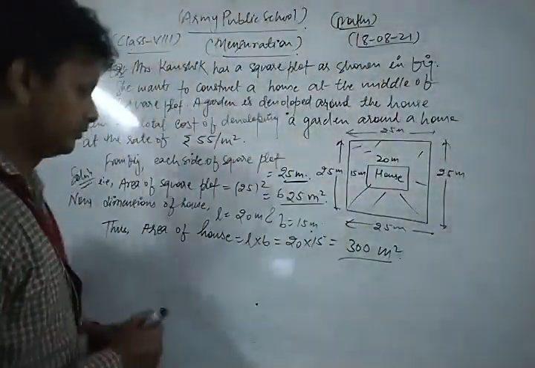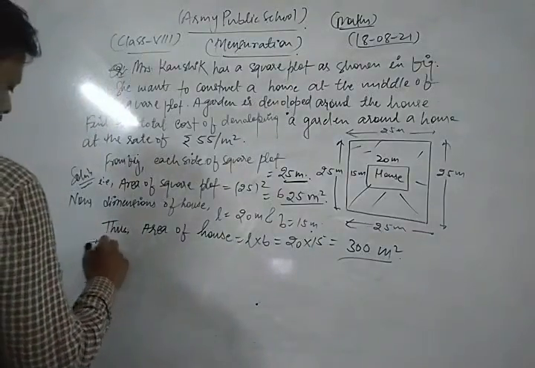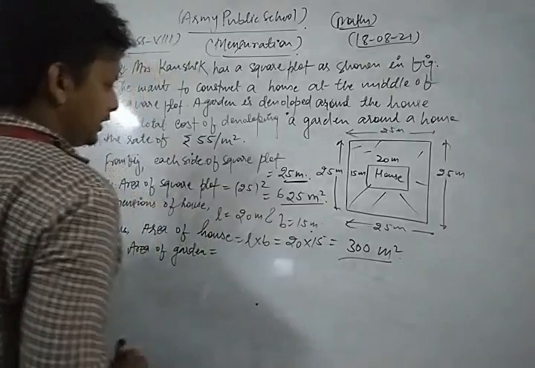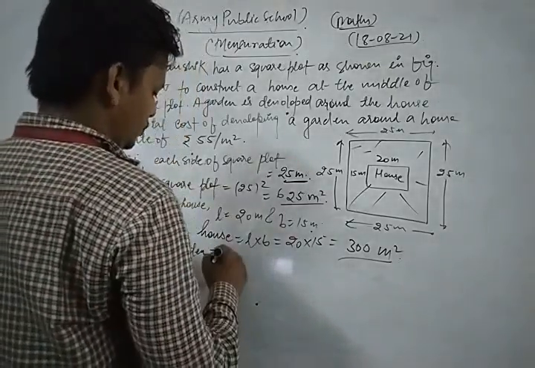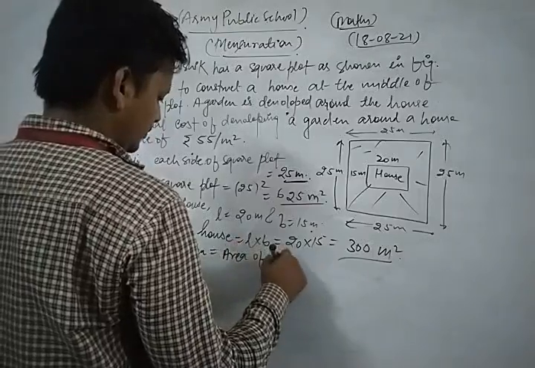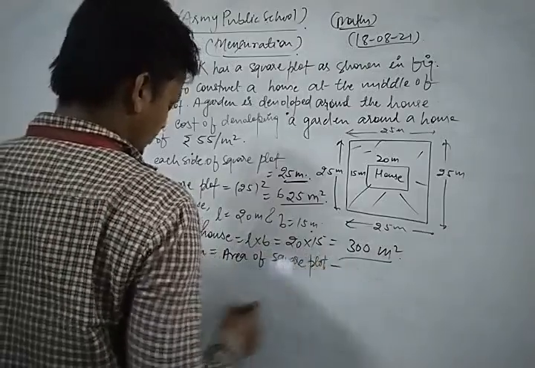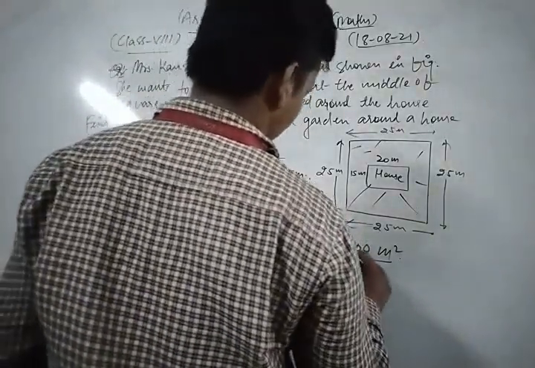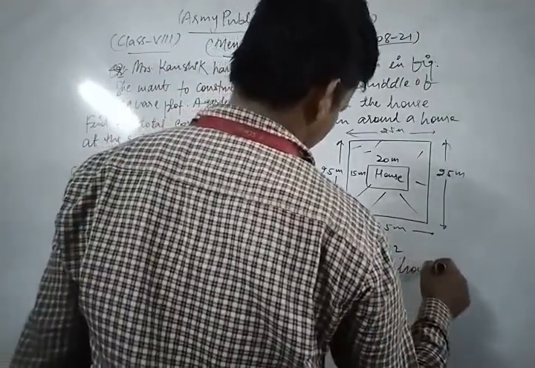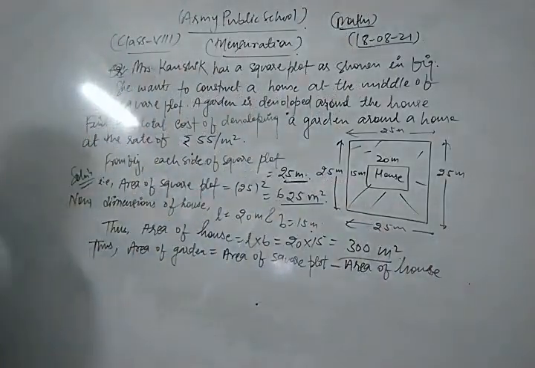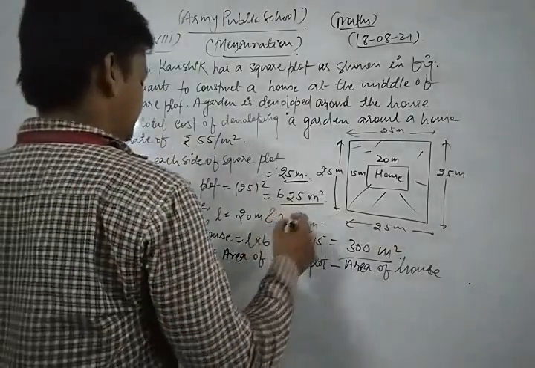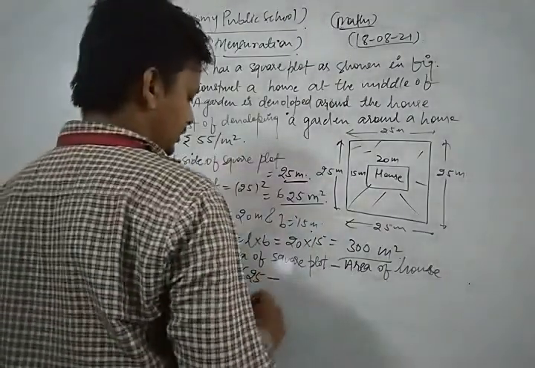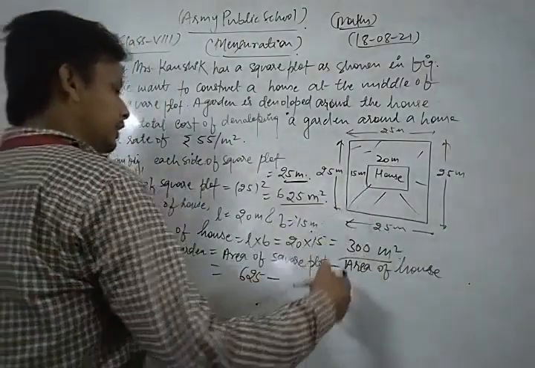The area of the square plot is 625, minus the area of the house, which is constructed at the middle, which is 300.